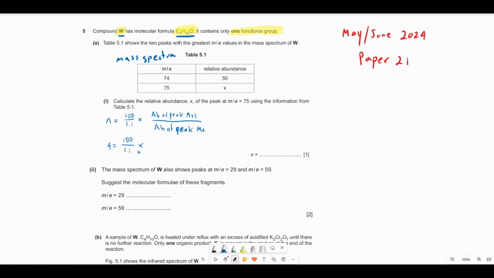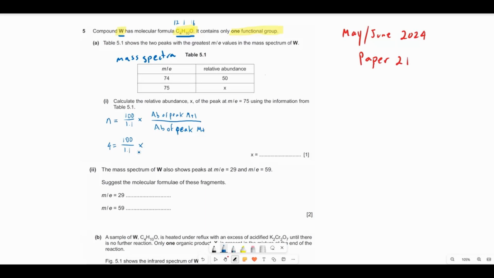How can we know if this is the M plus 1 peak or not? How can we know if this is the M plus peak or not? Because we have two peaks, but we're not told that they are the M plus or the M plus 1 peak. But we can easily figure that out from the chemical formula. We know the molar mass of carbon is 12, the molar mass of hydrogen is 1, and the molar mass of oxygen is 16.